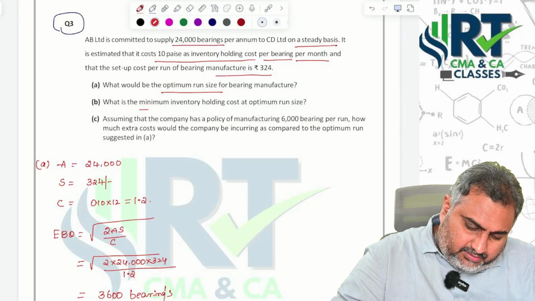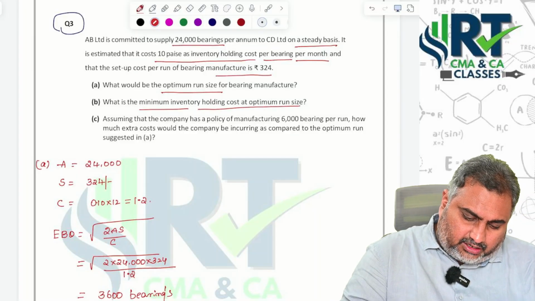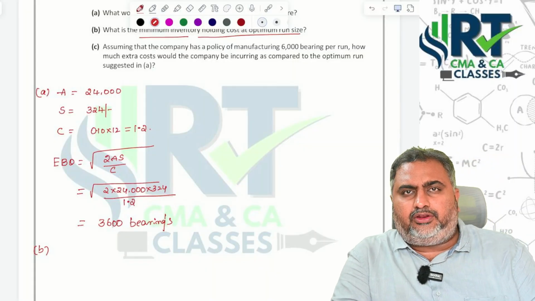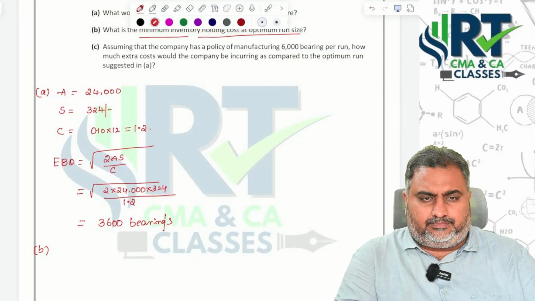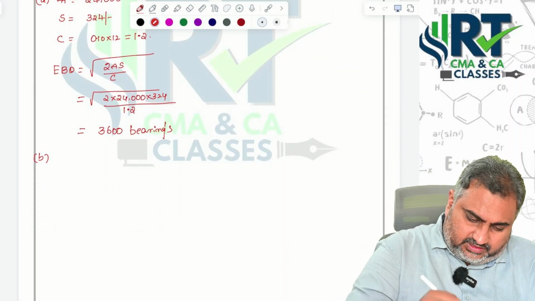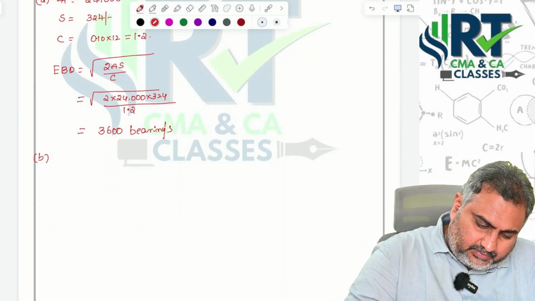What is the minimum inventory holding cost at optimum run size? Where your inventory cost is minimum at EBQ. So listen this formula.